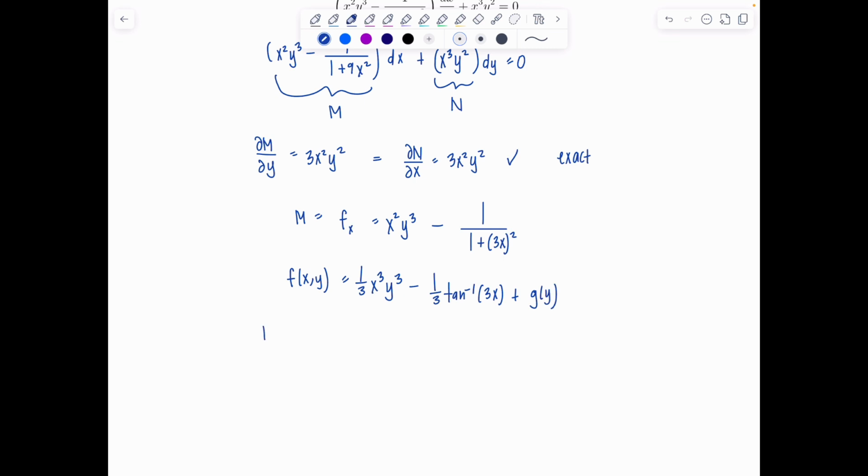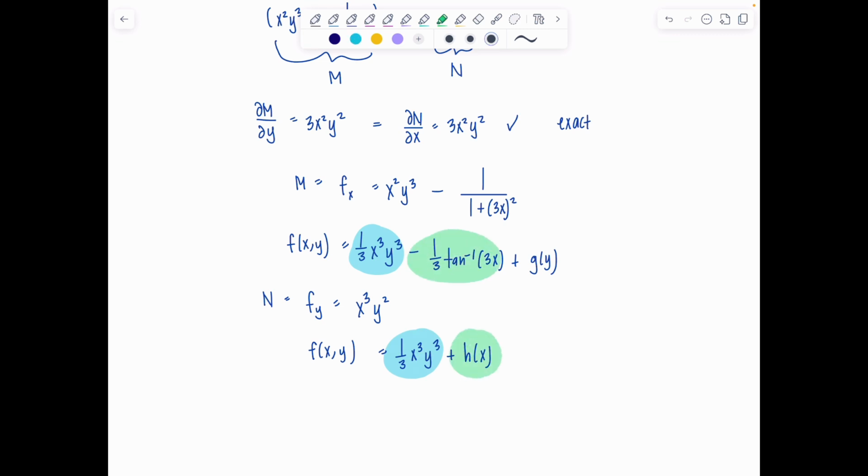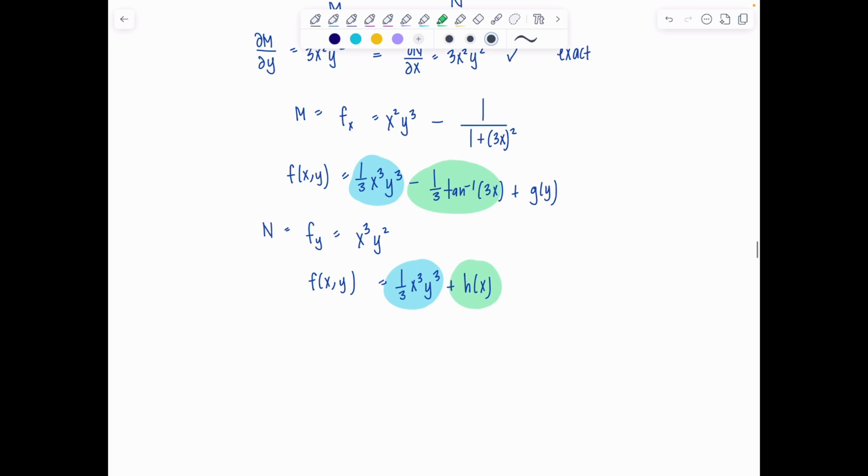Okay, now N is the partial with respect to y, which is x cubed y squared. So anti-differentiate with respect to y, f of x y would be 1/3 x cubed y cubed plus h of x. Now compare. This is basically my h of x, and then I don't have a g of y, no problem.